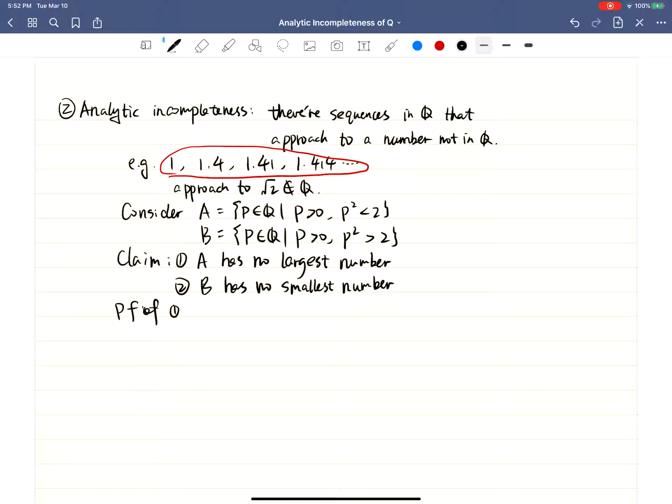Well, the set A has no largest number. What does it mean? Well, it means that for any number in A, there is a larger one, right? So let's write it out.